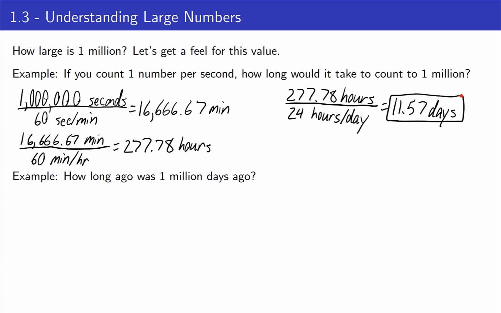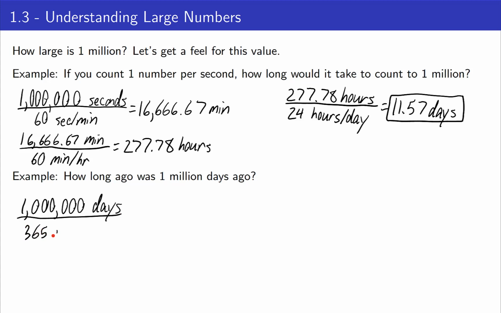Let's look at another one. How long ago was 1 million days ago? Well, 1 million days, maybe if we convert that to years, we'll get something out of it. So let's start with 1 million days, and then we can say divided by, we'll keep it simple, we'll say 365 days in a year.